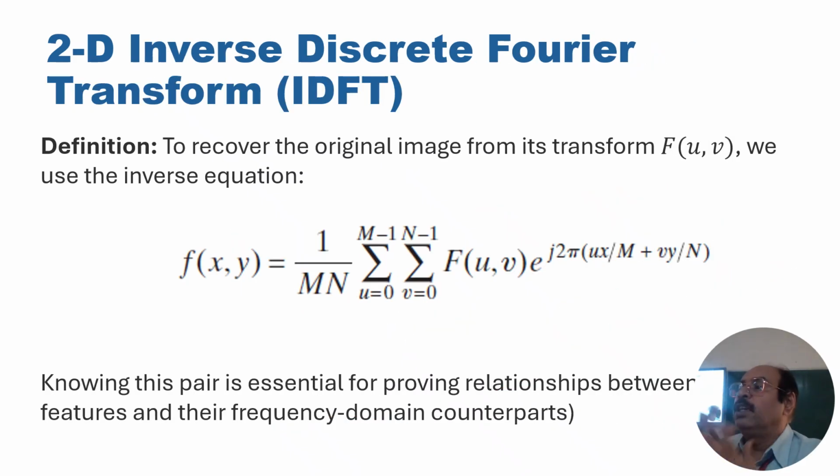Next point is the inverse of that. You have converted from spatial domain to frequency domain. Now with the inverse discrete Fourier transform, you are converting from frequency domain back to spatial domain.